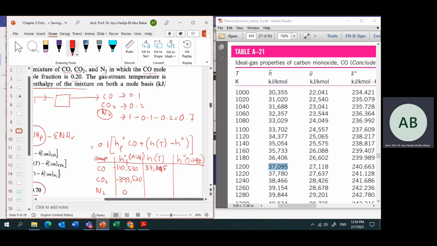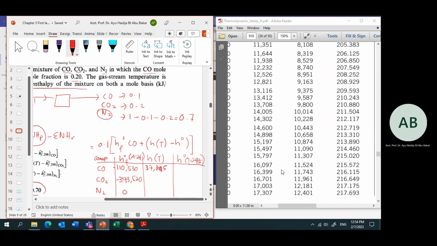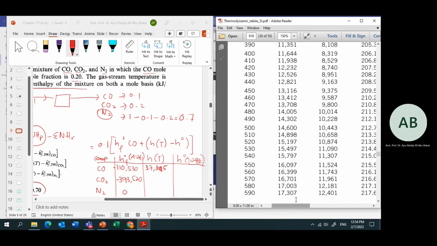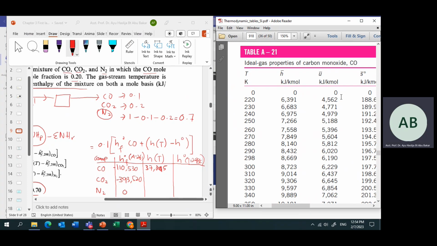Now we should find the enthalpy at reference, T 298. Okay. Now find at 298. Make sure it is CO. So 298, this is the enthalpy at 298.